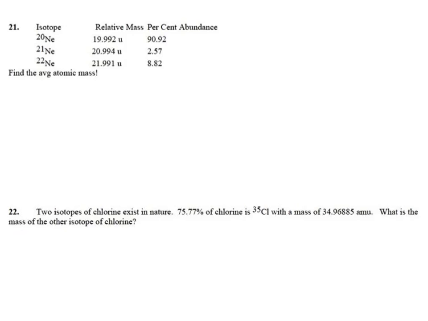So what we do is we take the relative mass and multiply that by the percent, changed to the decimal, of percent abundance.